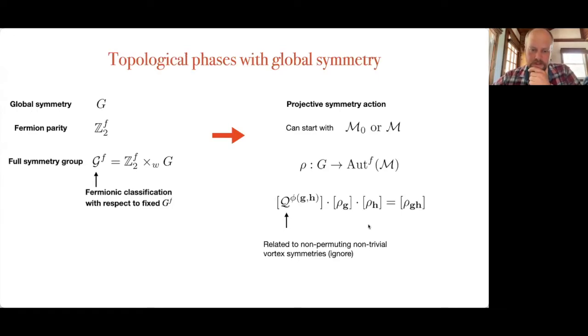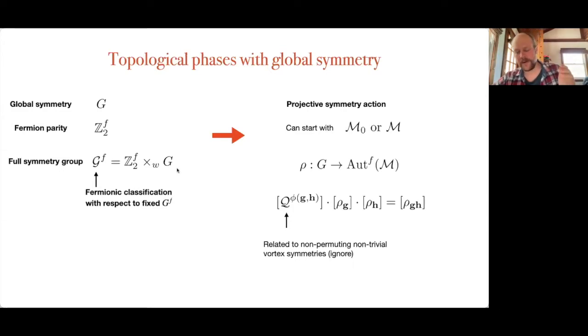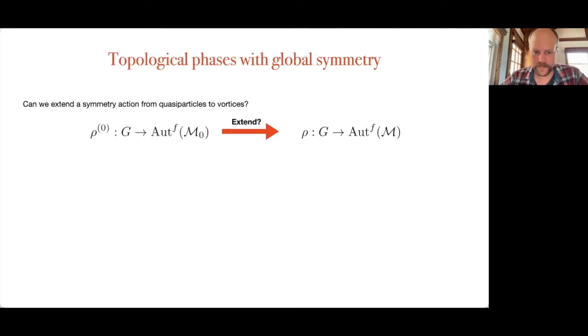Okay, so with that said, we pick a group homomorphism from G into Aut^f of M. All right, so now I want to start discussing the kinds of anomalies and obstructions that can appear in these fermionic phases. For the most part, the rest of the talk will not actually be discussing the algebraic data of the theory, but rather obstructions to certain algebraic data existing that would describe our physical theory.